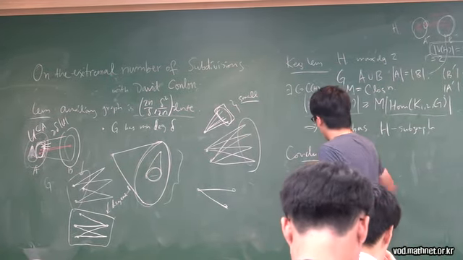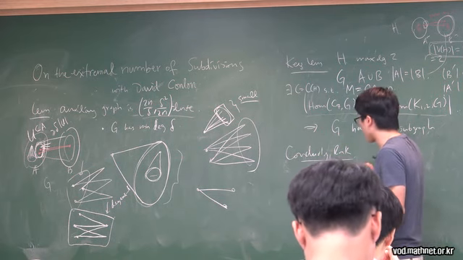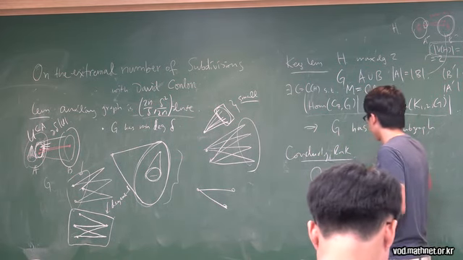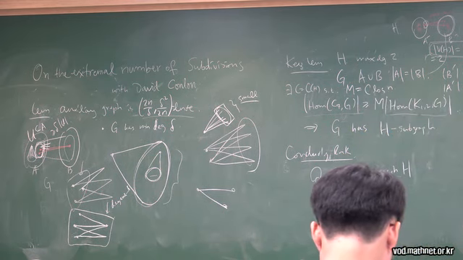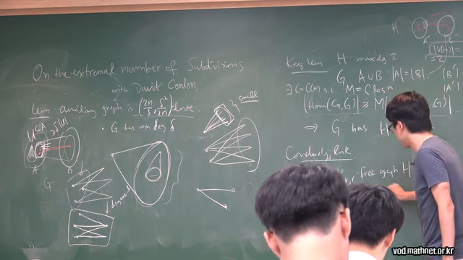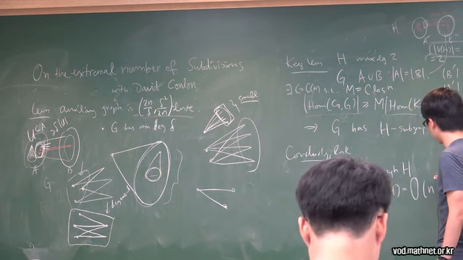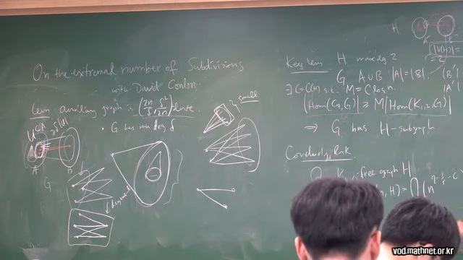So obviously, the one question of ours is, can you do the same with K_{r,r}-free graph H? Which means the extremal number is of the order n to the 2 minus 1 over r minus some constant.